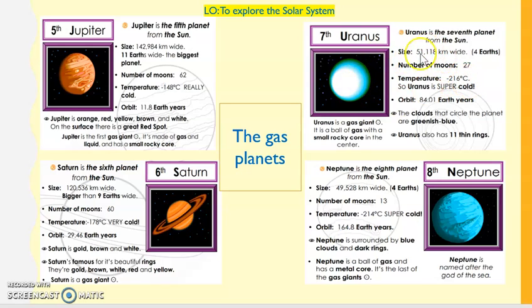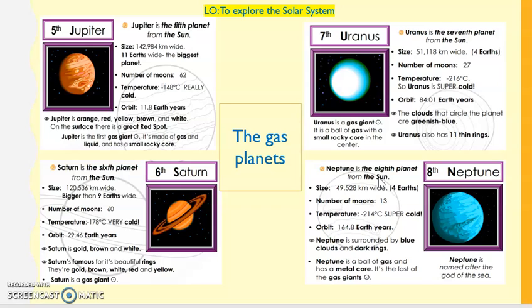It takes Uranus 84 Earth years to orbit the Sun. And Uranus has 11 thin rings.